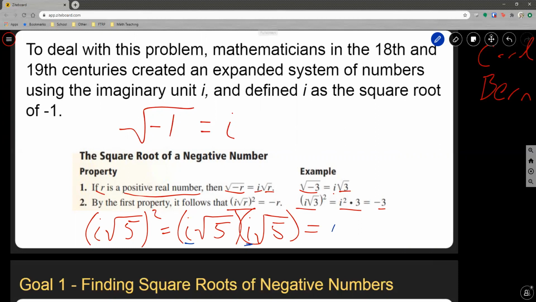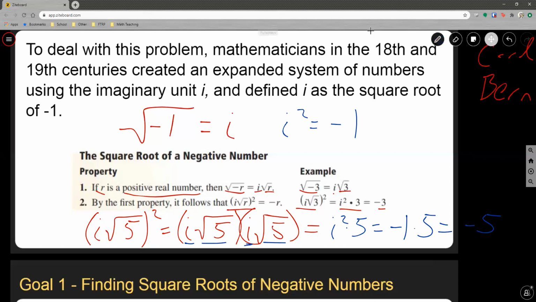So i times i is just going to be i squared, and the square root of 5 times itself is going to equal 5. So I've got i squared times 5. Well, we know that if i is the square root of -1, then i squared must equal -1. So i squared is -1 times 5, and then finally I put those back together and I get -5.